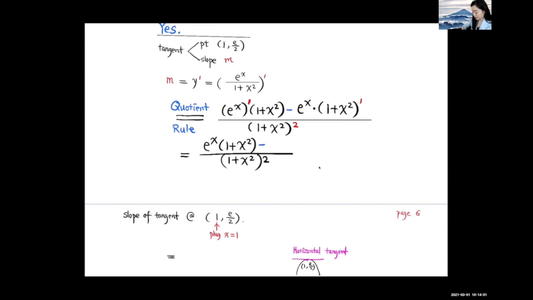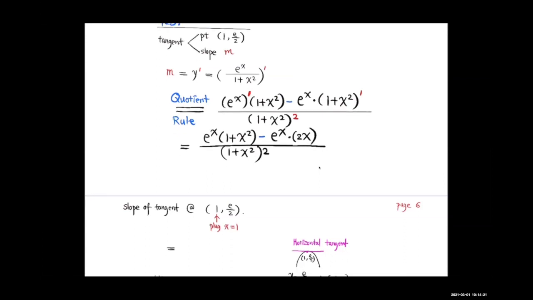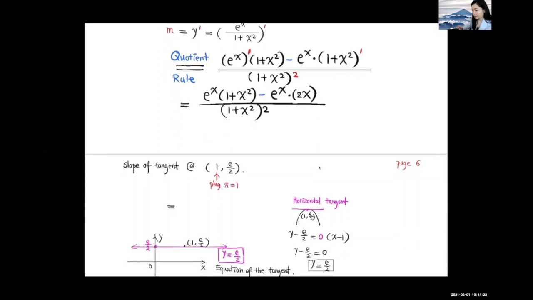But because this is in the beginning, I write down every step, okay? So this is e to the x times, what's the derivative of this? Derivative of 1 is 0. Derivative of x squared, it is 2x. 2x, right? Okay.